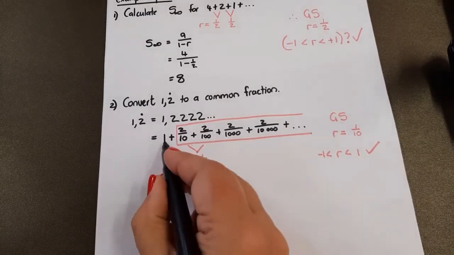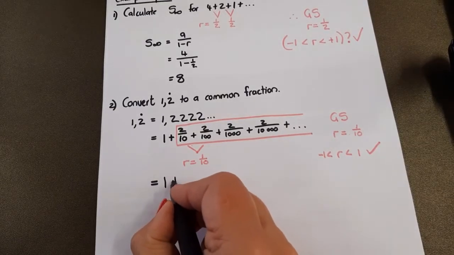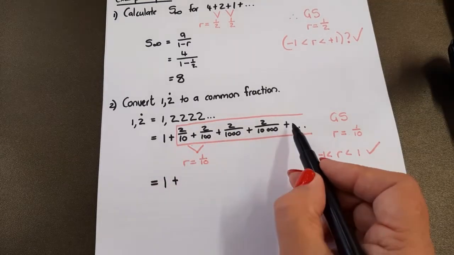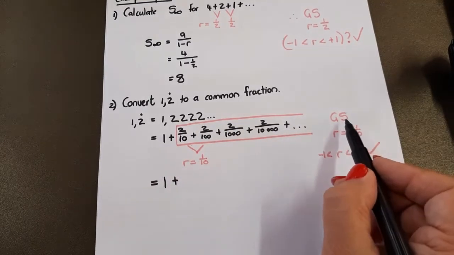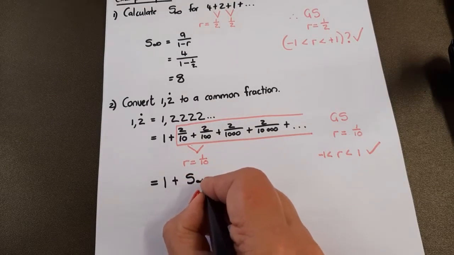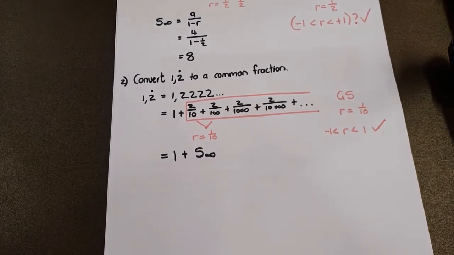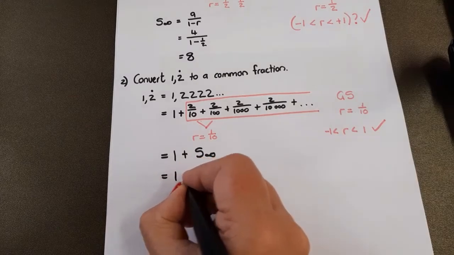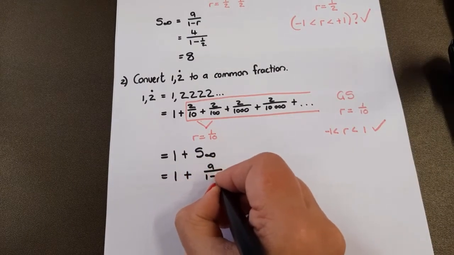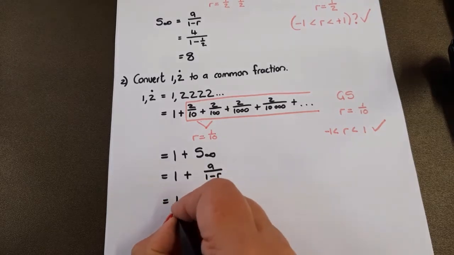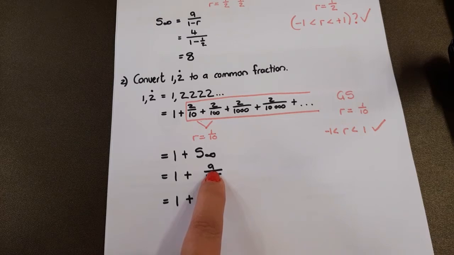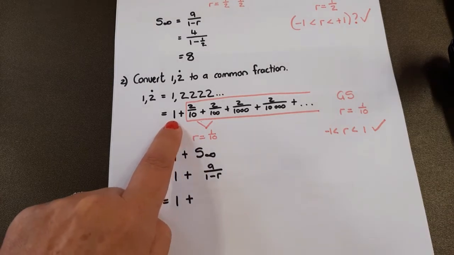Therefore, this one stays there, and we treat this part of the sum as a geometrical series. So that part we are going to do the sum of infinity. It will be 1 plus a over 1 minus r. It's 1 plus. In this case, a is not the 1.